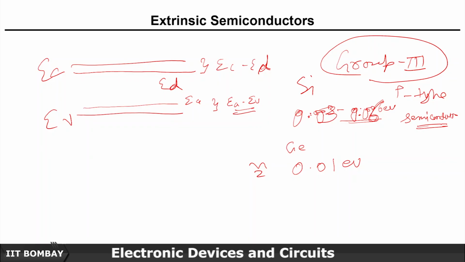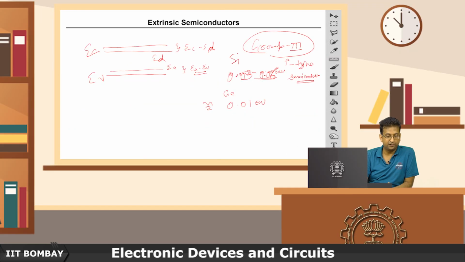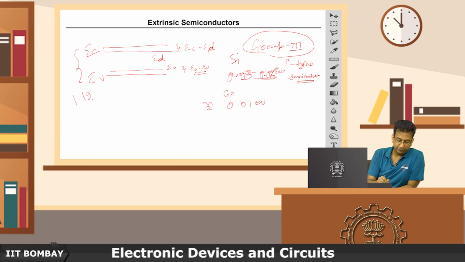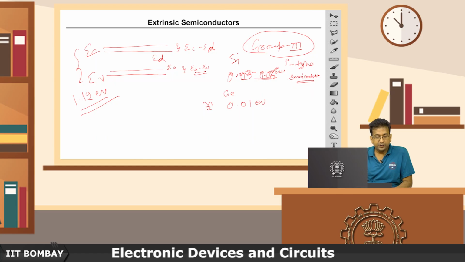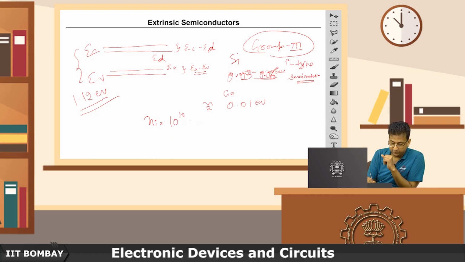So you can see that these energy levels are significantly lower, 0.03 or 0.01 electron volt, while the band gap for silicon is 1.12 electron volt. This way impurity can significantly increase the conductivity of the semiconductor. Let me give an example of silicon, where the intrinsic charge carrier concentration Ni, just because of thermal energy at room temperature, is 10 to the power 10 per centimeter cube.